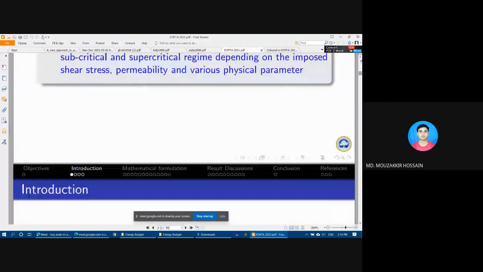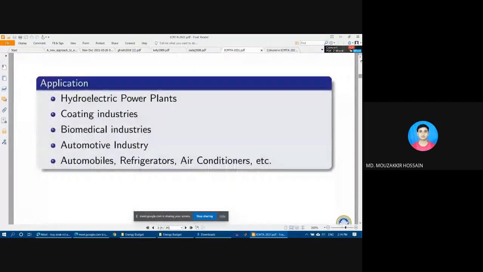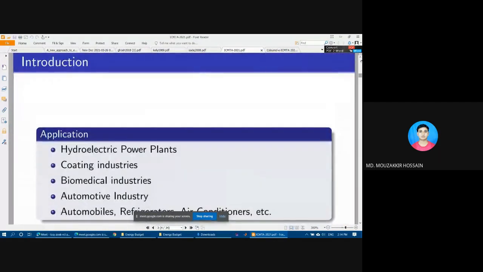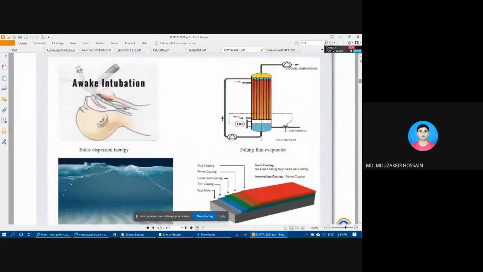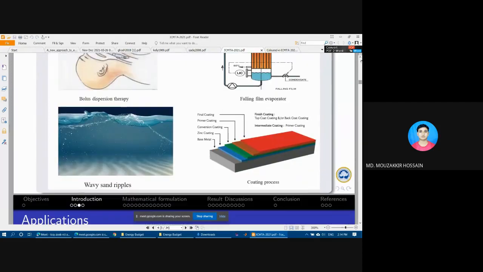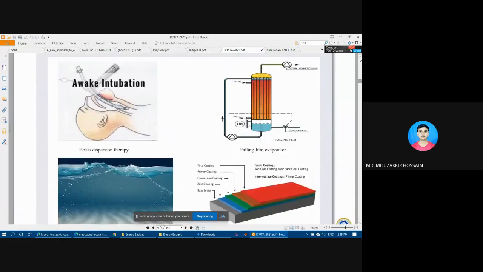Before I go into the objectives, I have to show the applications. Some applications I am including are in the coating industry, medical, biomedical, automobiles, refrigerators, and air conditioners. This is our incubation, and this is some coating process with some wavy ripples.